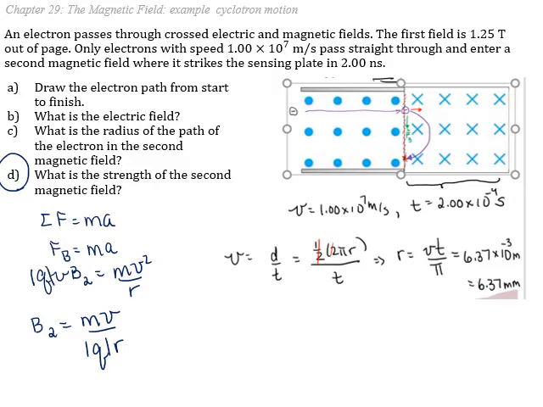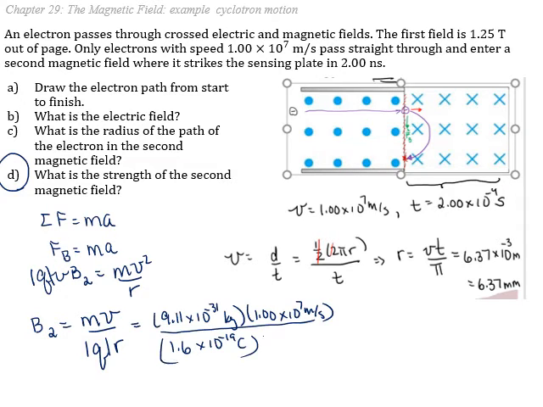Since we're trying to find the magnitude of B2, we'll use the magnitude of our charge. Okay, m is the mass of our electron, that's 9.11 times 10 to the minus 31 kilograms. V is its speed, 1 times 10 to the 7 meters per second. Divide that by the magnitude of the charge, 1.6 times 10 to the minus 19 coulombs, divided by the radius of the path, which we found in the previous part.